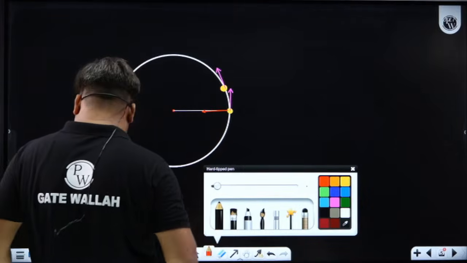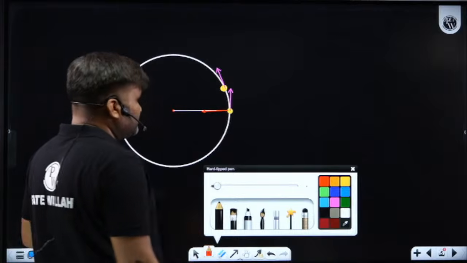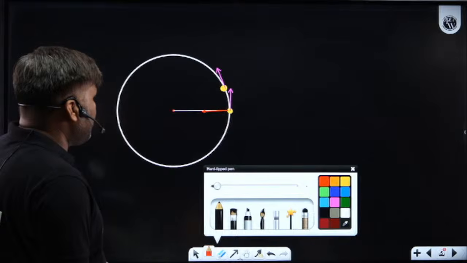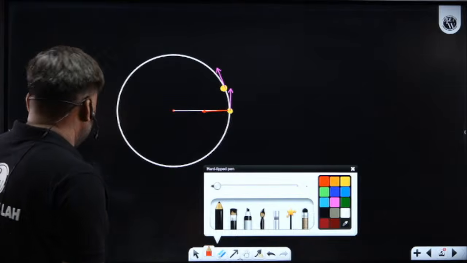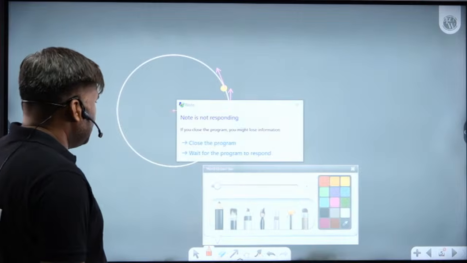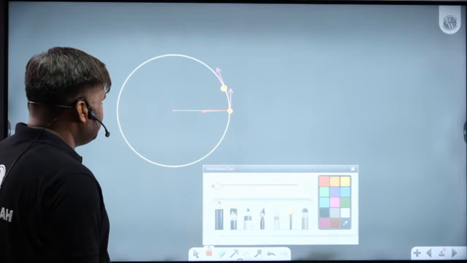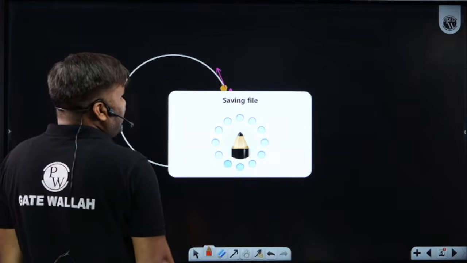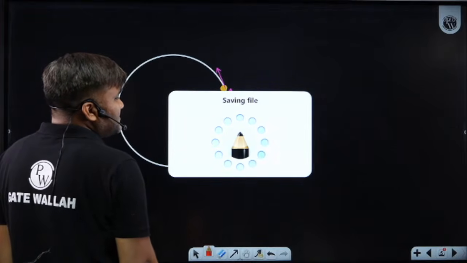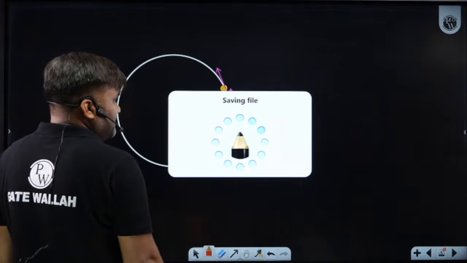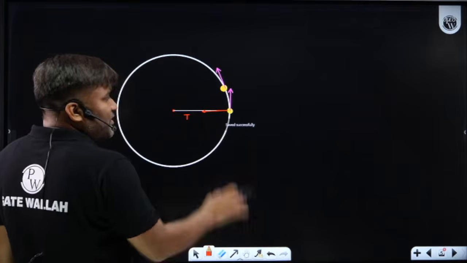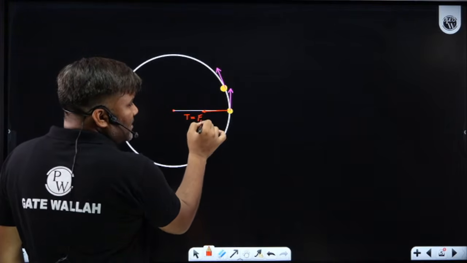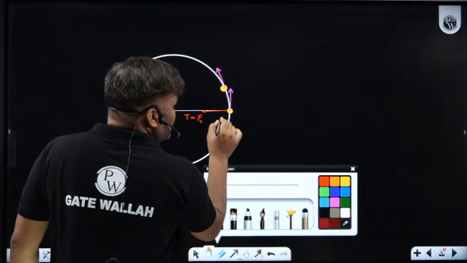So we have this tension T of the thread, which acts as a centripetal force, and this centripetal force will result in some acceleration.